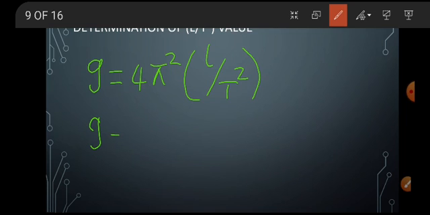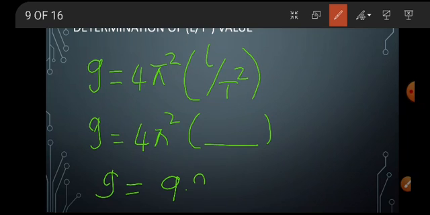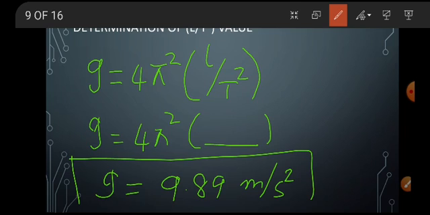So by substituting this value, you will get a g value. For example, 9.89 meter per second square. For example, I am saying this. So this is the way to calculate the g value.